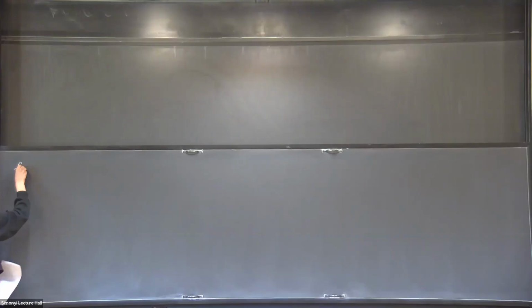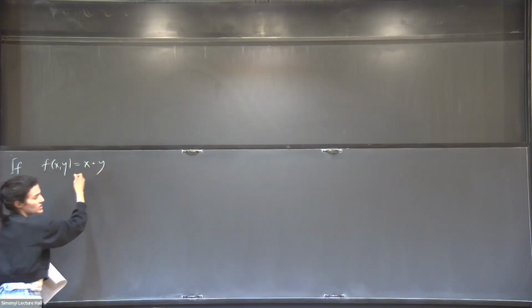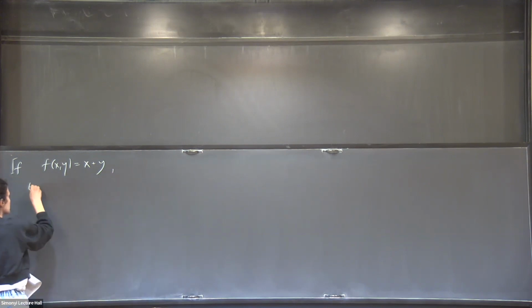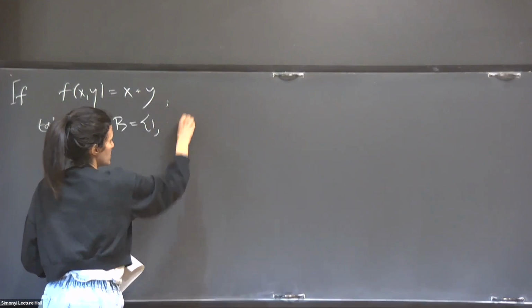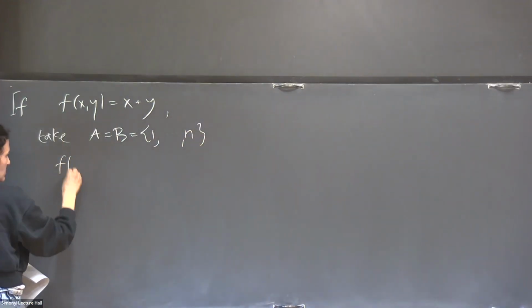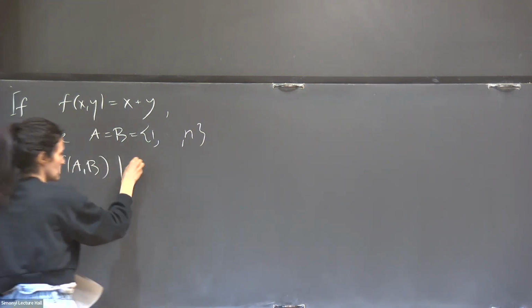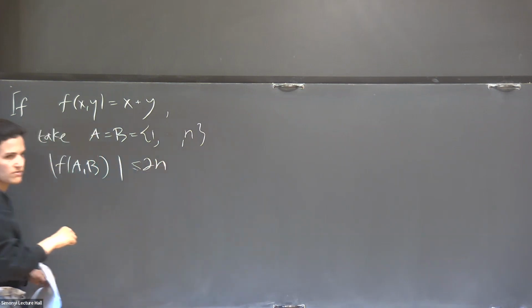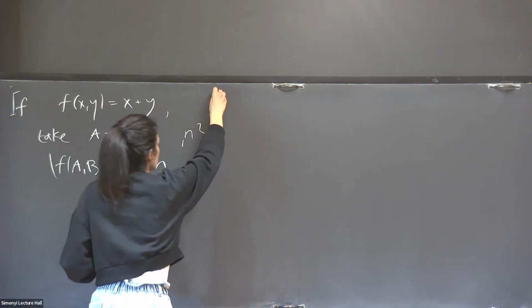So if f is, for example, x plus y, take A and B to be any arithmetic progression, and then the image has size 2n minus 1, so linear in n. So the two options exclude one another.